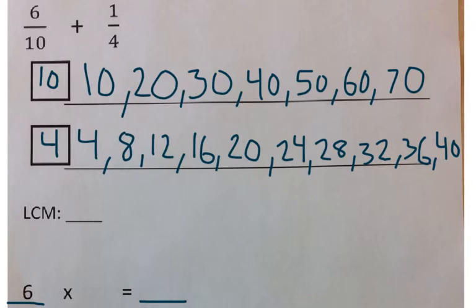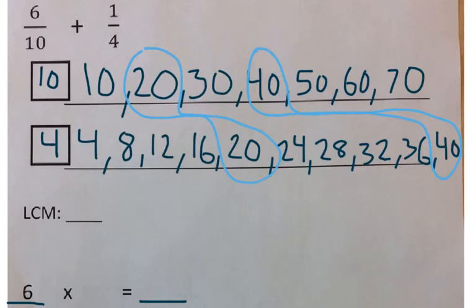So now that I have listed all of the multiples of the denominators, 10 and 4, we now circle all of the common multiples. So I see that both denominators have 40 as a multiple. I also see that both denominators have 20 as a multiple. So we have circled common multiples.